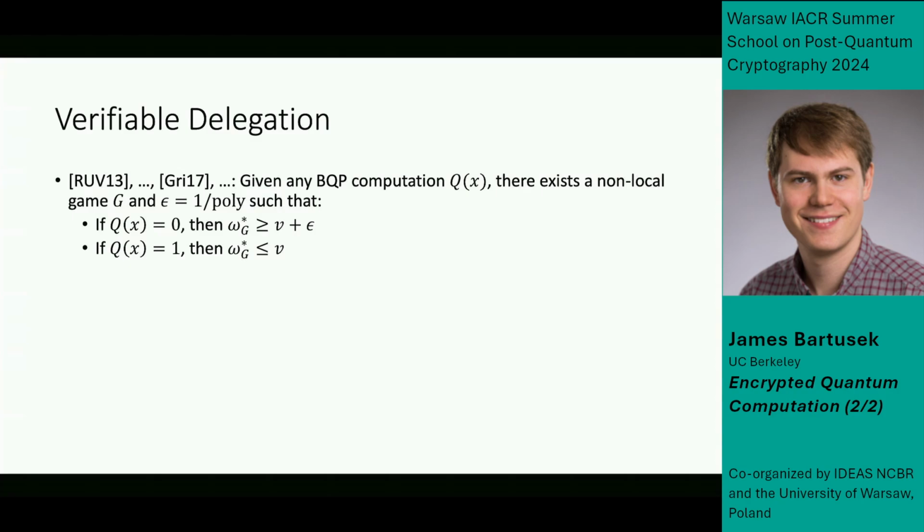It's been known that given any BQP computation, just think of it as a quantum polynomial time computation Q of X, there exists some non-local game G and some inverse polynomial gap epsilon such that if Q of X equals 0, then the optimal quantum value of the non-local game is at least V plus epsilon, whereas if Q of X equals 1, then the optimal quantum value of the game is at most V. So there's this gap in the game that determines whether the output of this computation is 0 or 1.